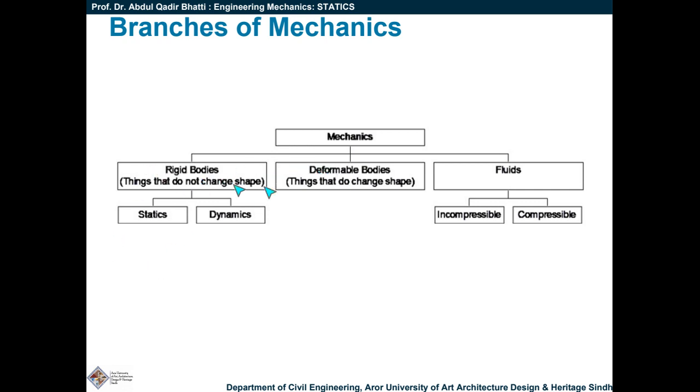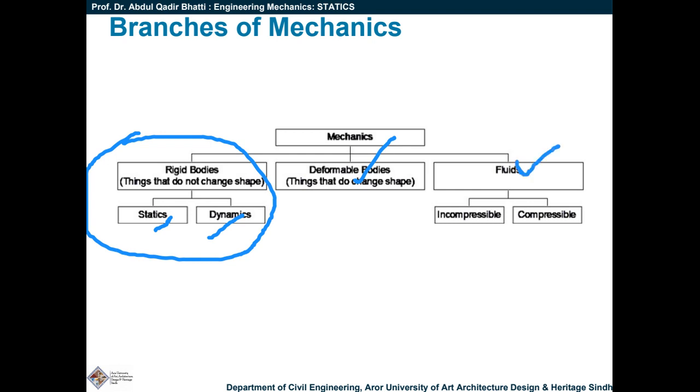So in our engineering mechanics we will deal only with this part. This one is our engineering mechanics: we have statics and dynamics. Then deformable bodies are things that do change shape. And fluid mechanics, incompressible or compressible. There is one course of fluid mechanics you will also study, which talks about water or chemicals, and this will be taught in your next courses.